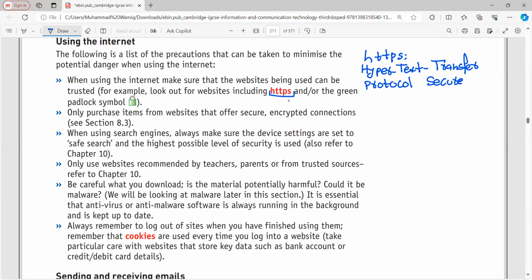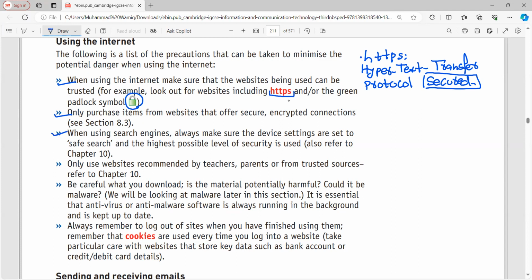That means that your website is secured and it is from a trusted and authorized user. It also shows you a symbol like this, a green sign, like a padlock sign. When using the internet, you should only purchase from websites that are encrypted or secured. And that means that they are only using the HTTPS protocol.